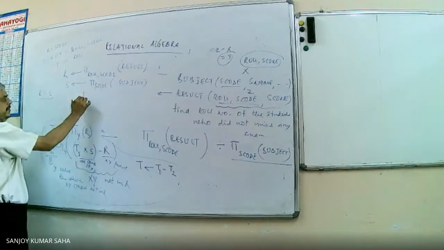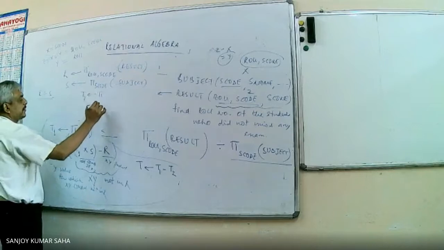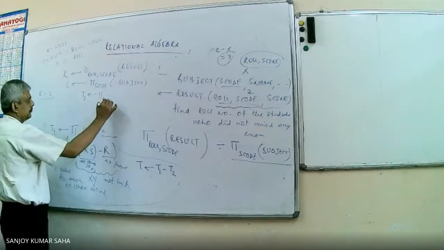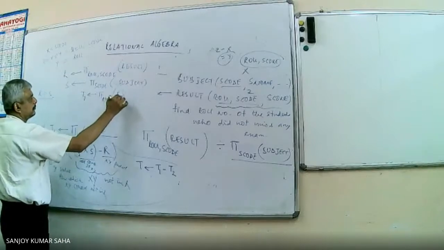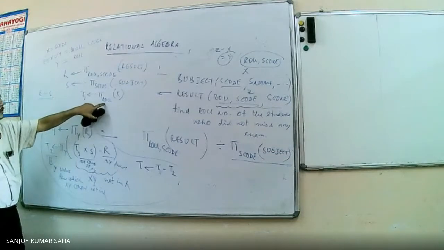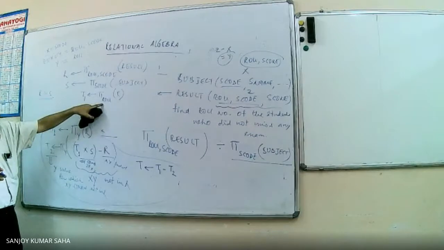So if I put it this way, I am taking the roll of the students. So these are all the roll numbers who have appeared in at least one exam. So as if this is my current set of all possible roll numbers. I don't know whether I have the score for everybody or not.